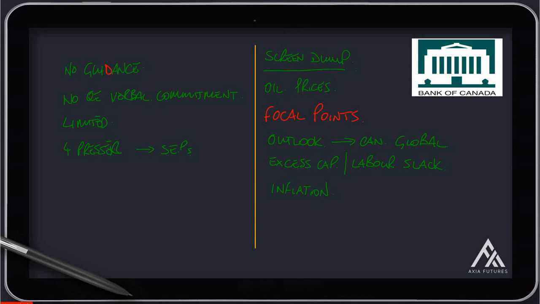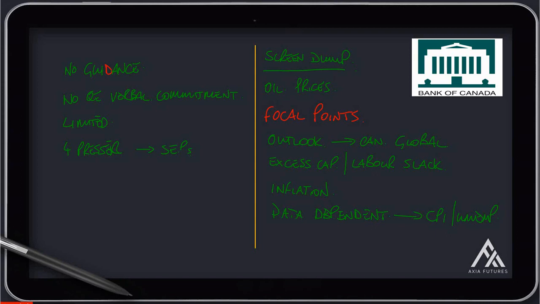Bank of Canada also is data dependent, like most of the other central banks, but this then brings into focus certain CPI and unemployment rates in Canada, which can then start having quite a decent impact on rates.